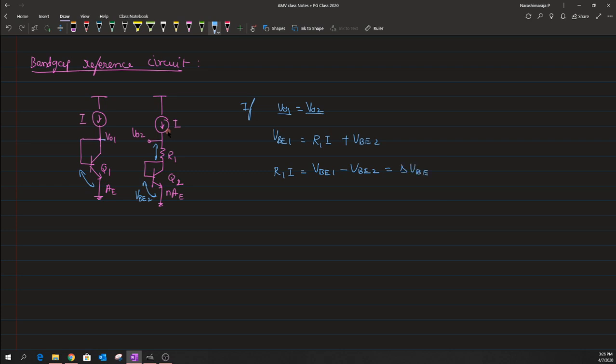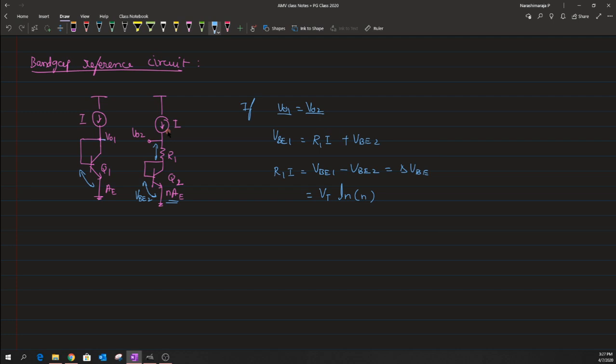We know that this delta VB can also be written as Vt into ln of n, and this n comes out just because we are using a different emitter area for Q2 compared to Q1. Rather than using different current densities, we are using different emitter areas for Q2.